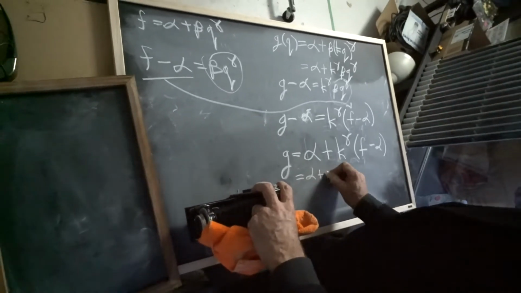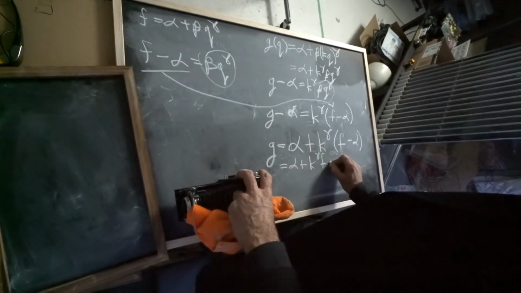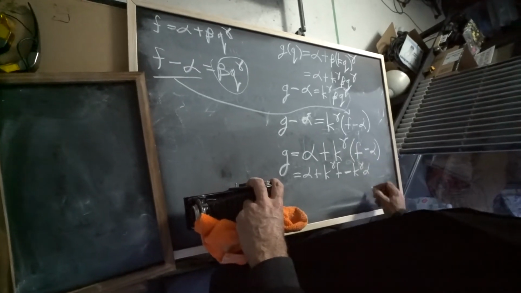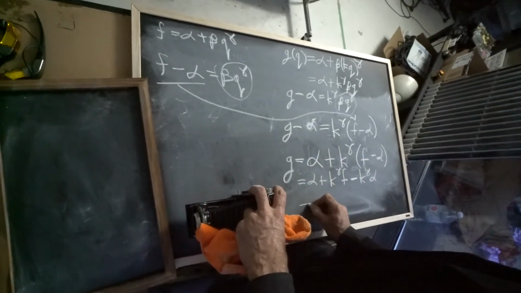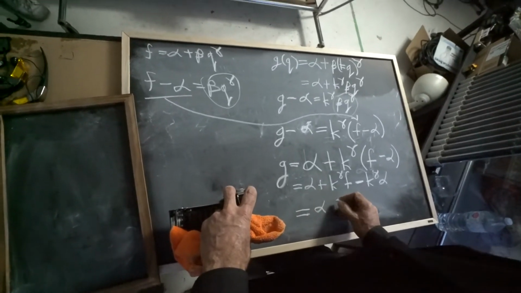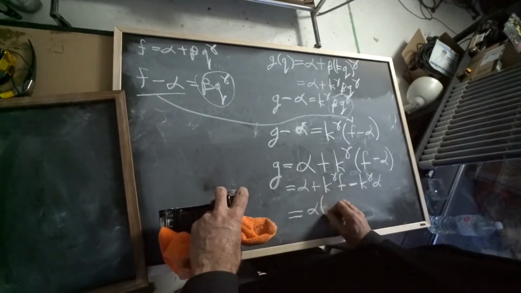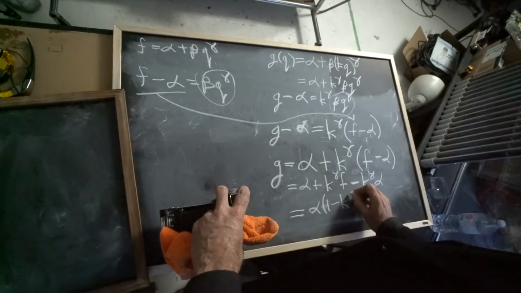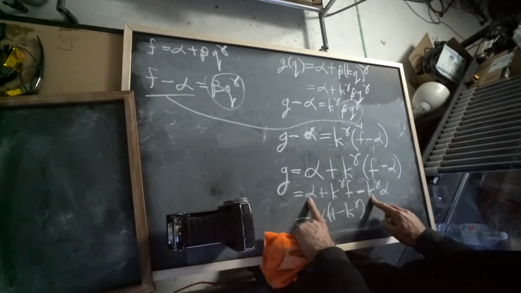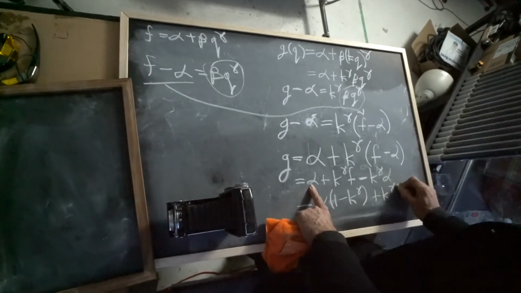It's alpha plus k to the gamma f minus k to the gamma alpha. And now that equals, I can take the alpha outside here, alpha times 1 minus k to the gamma, plus k to the gamma f.